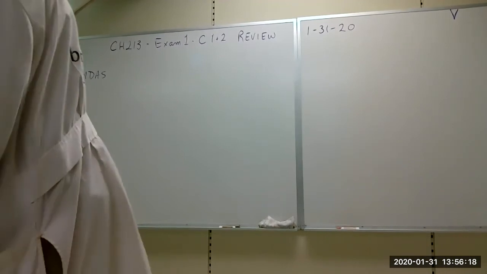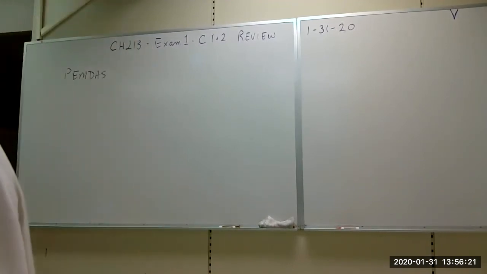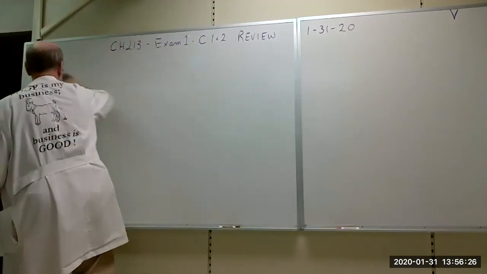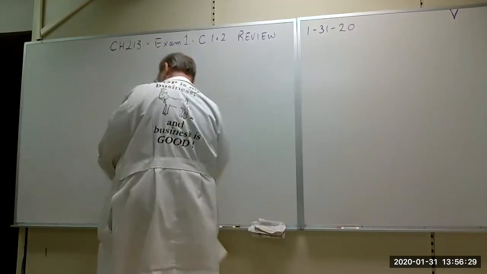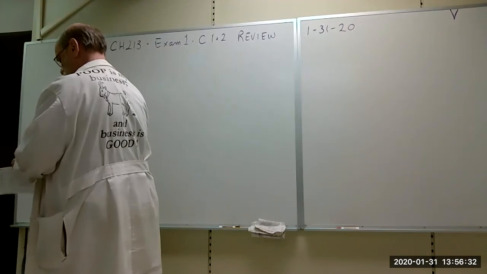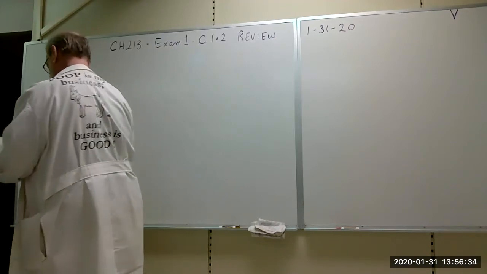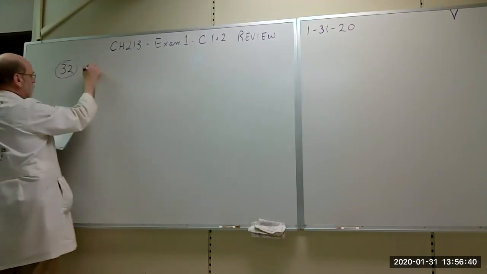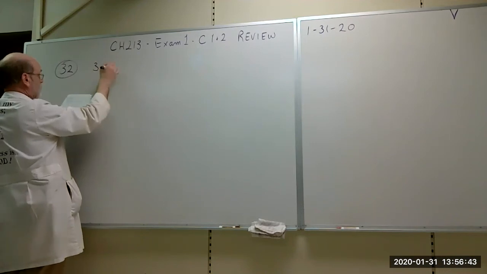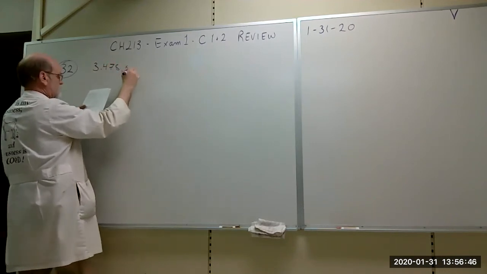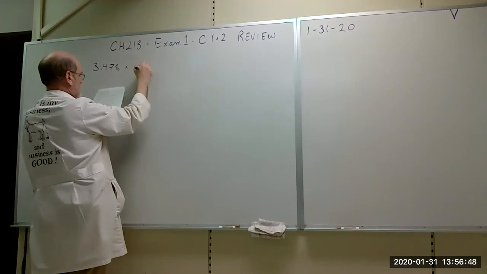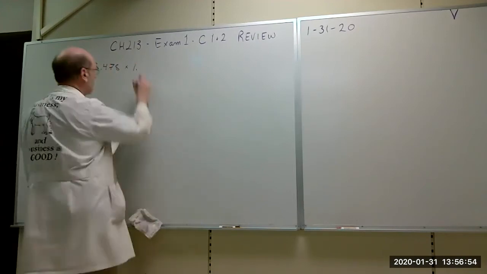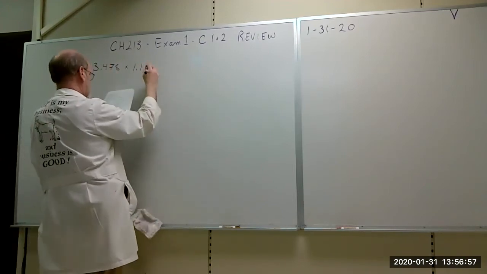And if you have a, let's do this one. And how do you keep track of the significant figures too? So this is number 32. If you do this one, 3.478 times 1.164.